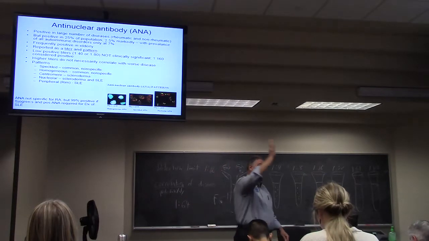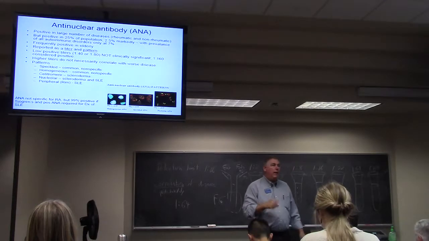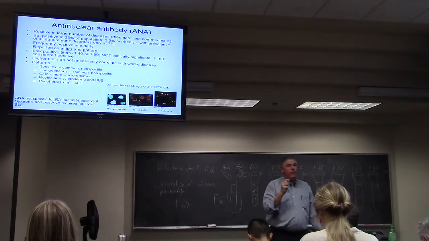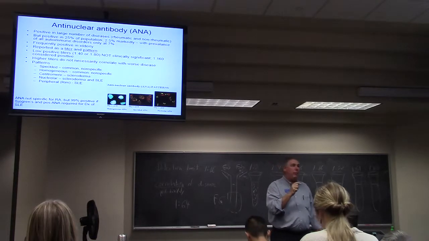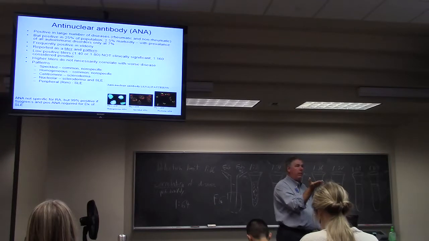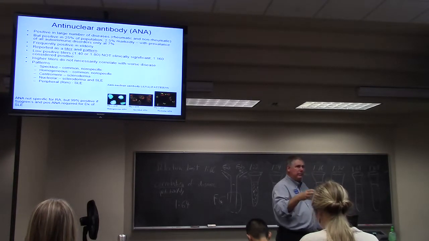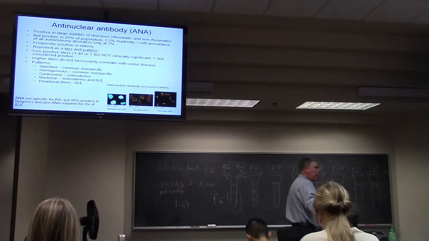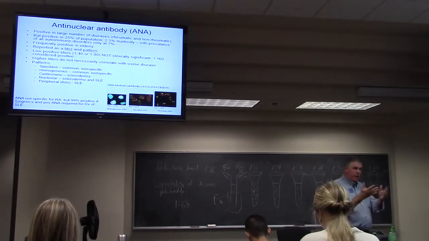So the lab will report positive or negative based on the titer. And then what they do is they plate it, a process called immunofluorescence. They put your serum onto a monolayer of cells. The antibodies that you have in your serum attach to the different parts of the cells.